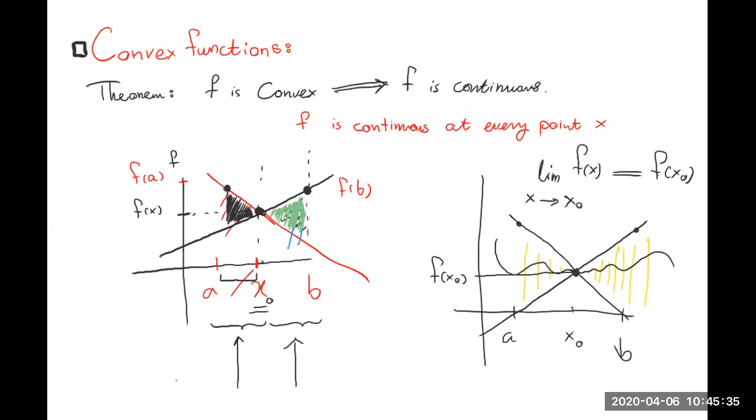So this picture here, which forces f to be inside this yellow area, makes the function continuous, because when the function comes closer and closer to the point x, it has to stay in this yellow area. So if it wants to be discontinuous, it should jump to some other point, right?